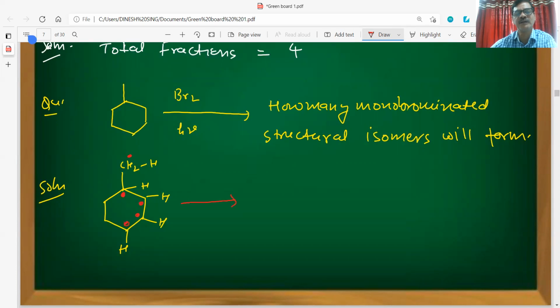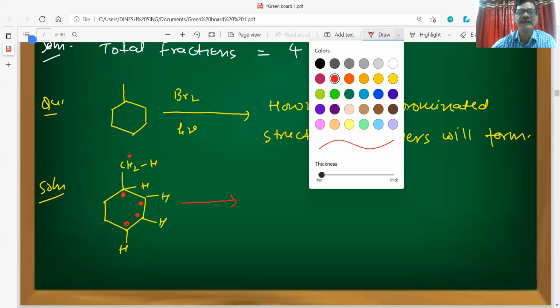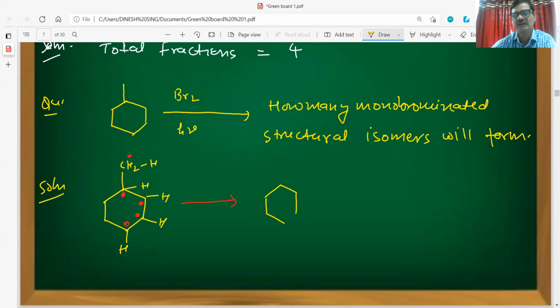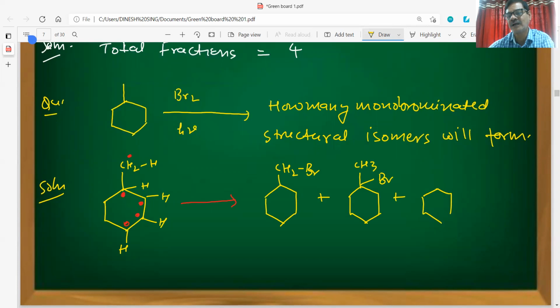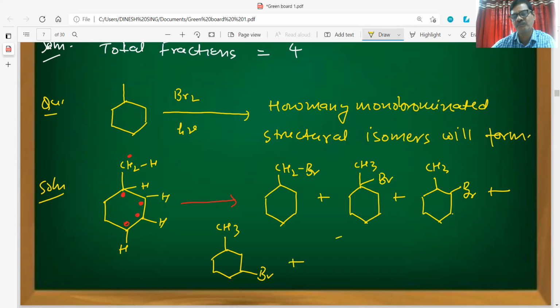So by monobromination of this, we will get one isomer at the primary carbon, CH2Br, another isomer at the tertiary carbon, another isomer at a secondary carbon, plus another isomer at another secondary carbon atom, plus another isomer at this carbon atom.